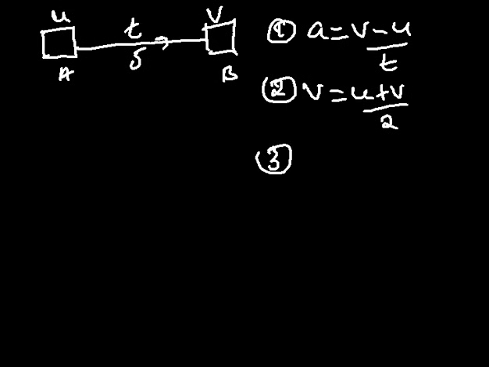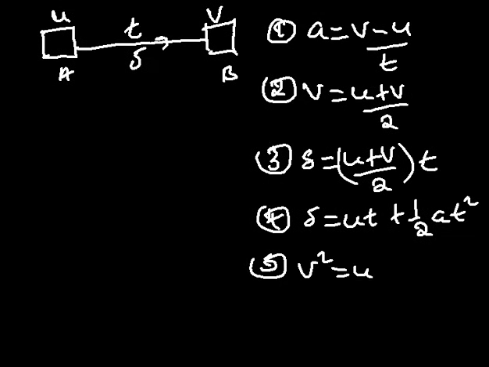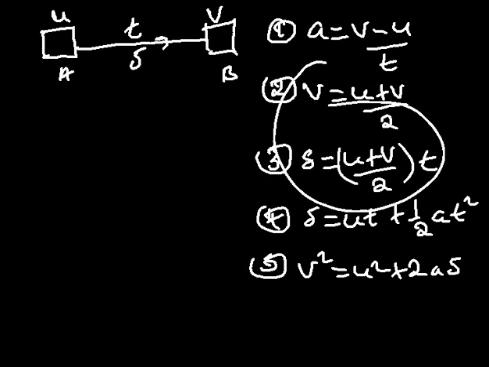And we have another equation, which is displacement is equal to u plus v divided by 2 times the time taken. And we have another equation, which is displacement is equal to ut plus half at squared. And we also have another equation, which is v squared is equal to u squared plus 2as. These are the equations of kinematics used whenever an object is moving with constant acceleration.